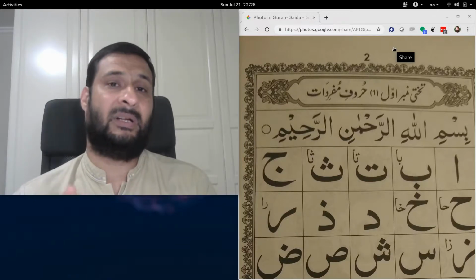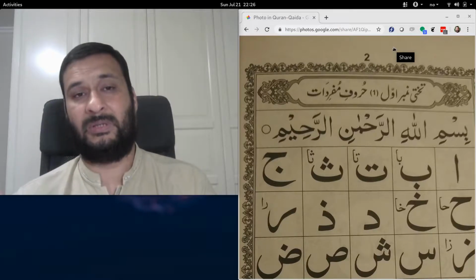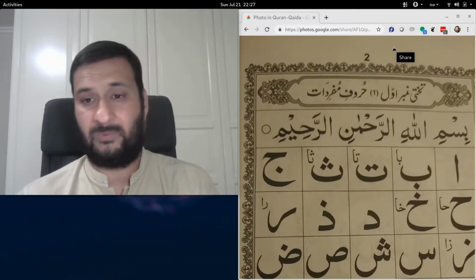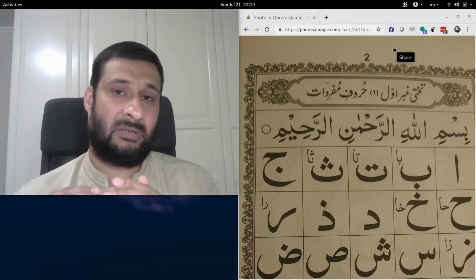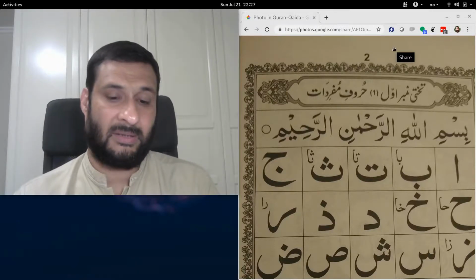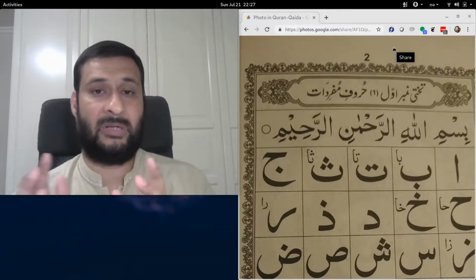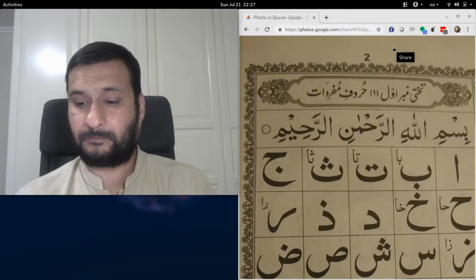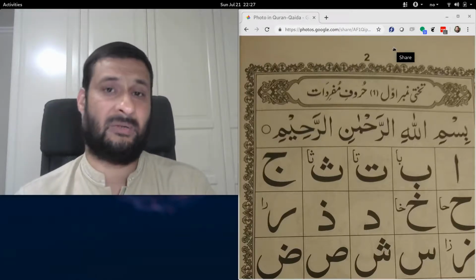The actual understanding of the meanings will only come when you start talking to someone and interact with someone, and then you learn the meanings of different words, or you attend a specific language course. This is just for the recitation and to be able to identify the letters and the words and the constructs which is necessary to be able to read or recite Quran.